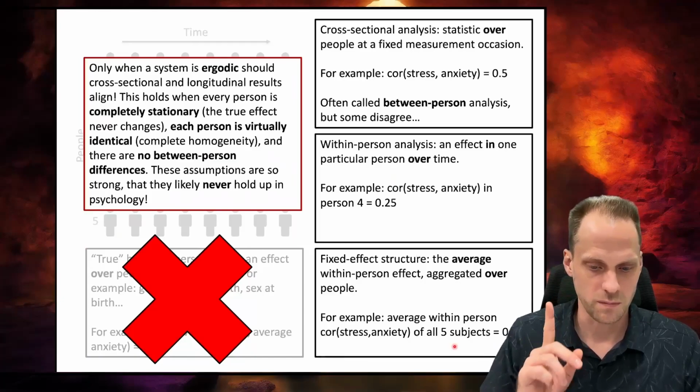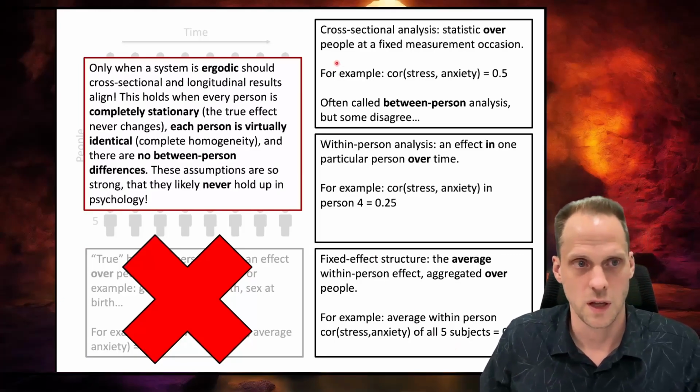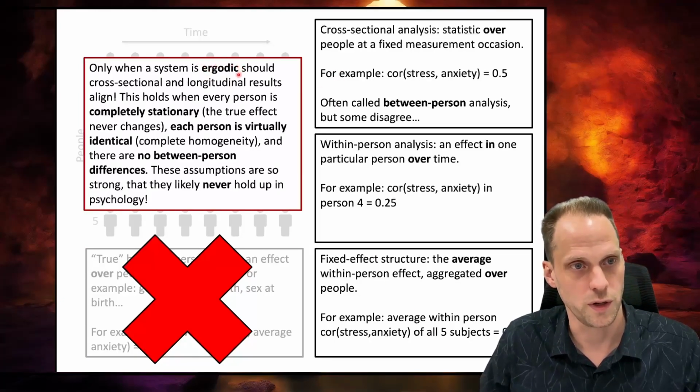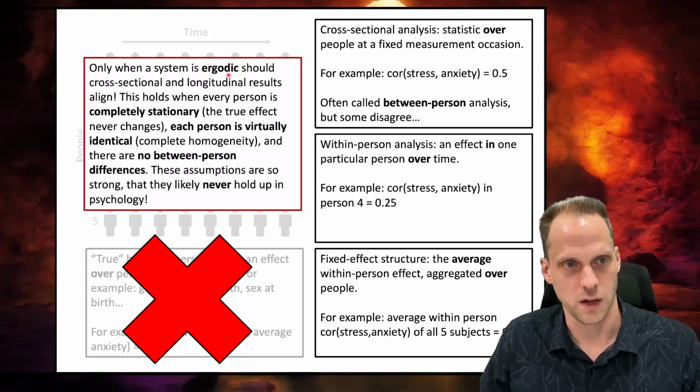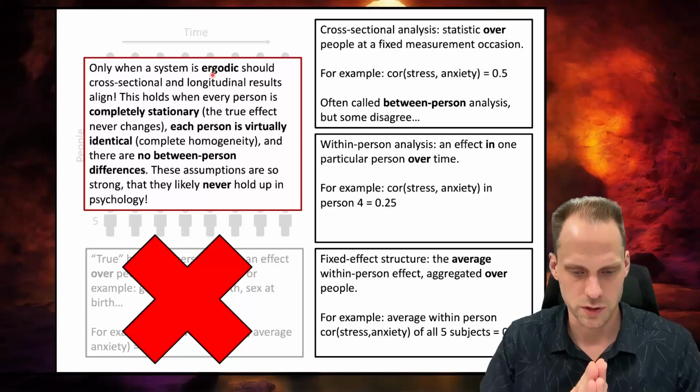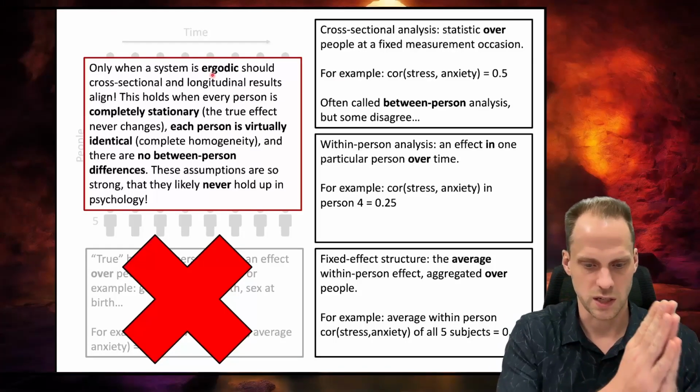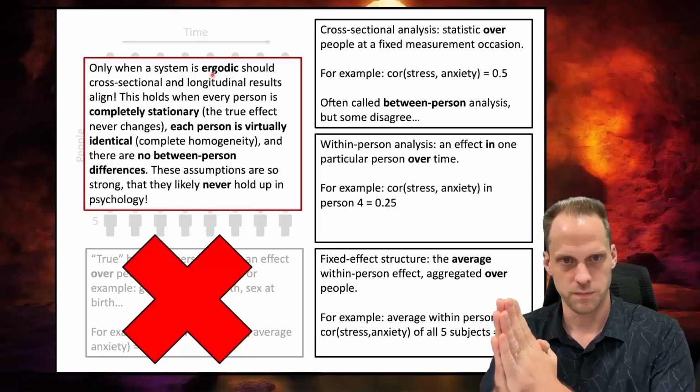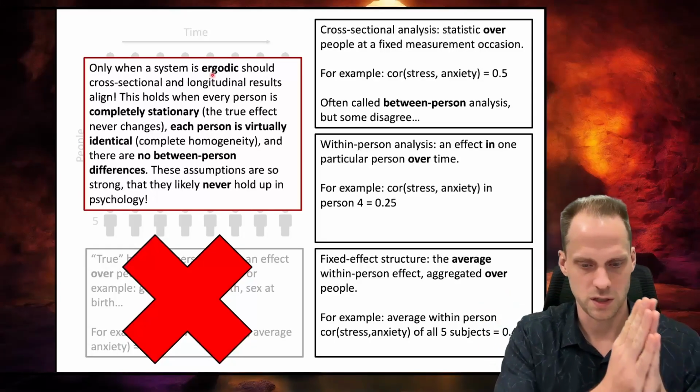There's only one time when that's not the case, and that is if a system is called ergodic. Ergodic is something from physics, but it basically means that every person in my sample is an exact replication of each other. This means that every person is the same.